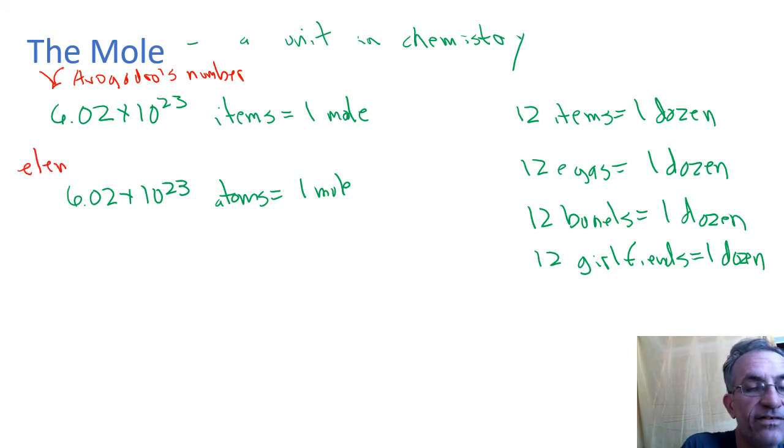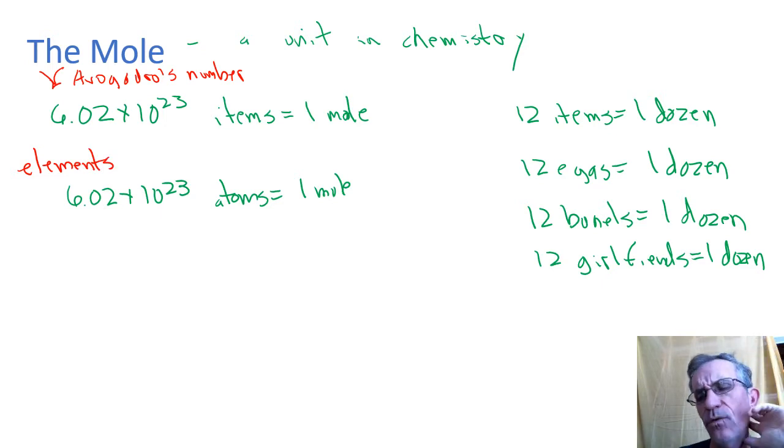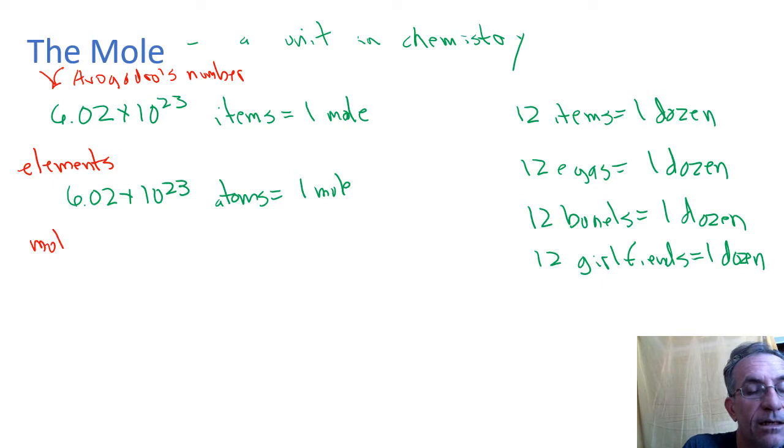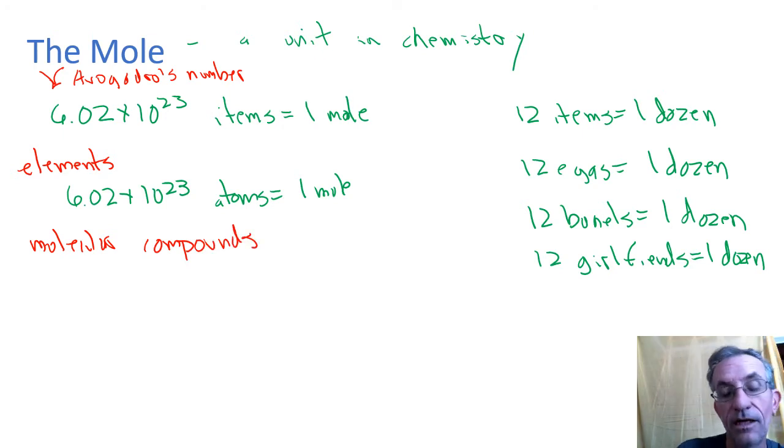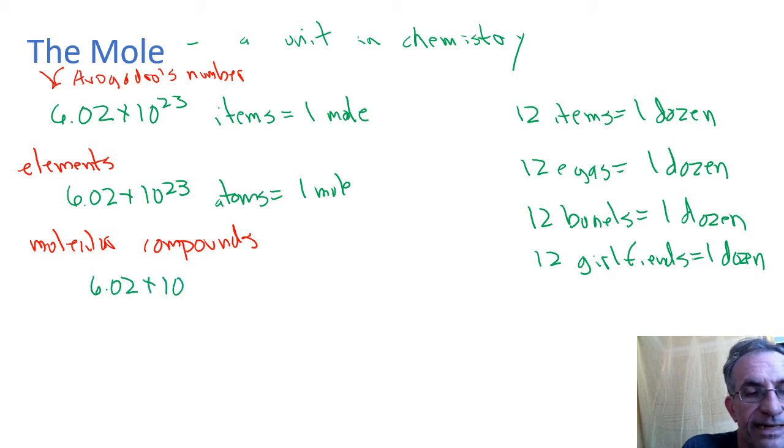Now, if we're thinking of a molecular compound, molecular compounds are not really made up of atoms. The little particles inside of molecular compounds are made up of molecules. So for a molecular compound, I could say 6.02 times 10 to the 23 molecules is a mole.